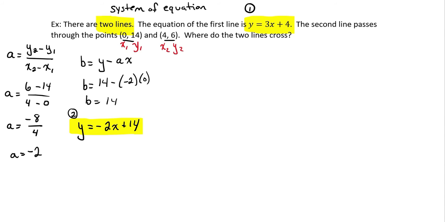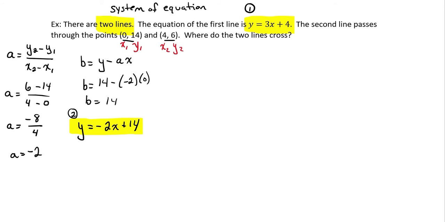So here's equation 1, here's equation 2. Where do these lines cross? We're going to have to think back a little bit, and we can use comparison or substitution or elimination. Here's what I like. Because these are both already y is all by itself on this side, I really like using comparison. And this only works, remember, if y is already by itself.